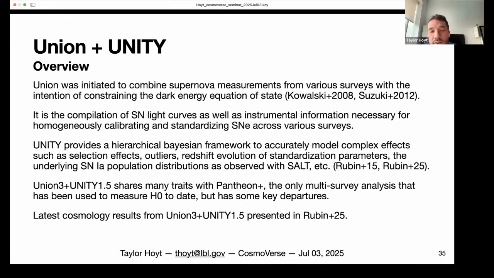So Unity is a Bayesian hierarchical model intended to capture complex effects such as selection effects, outlier contributions, redshift evolution of standardization parameters, underlying type 1a population distributions, etc. The Union Unity framework shares many traits with Pantheon, which I highlight just because it's the only multi-survey analysis that has been used to measure H naught to date, and it also has some key differences, some of which I'll get into later.